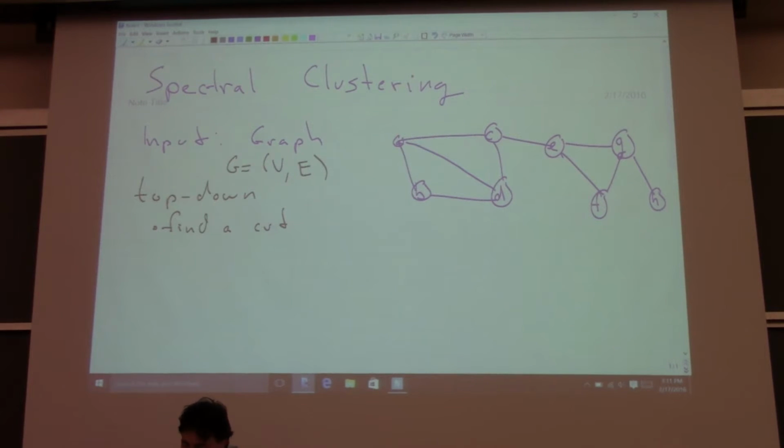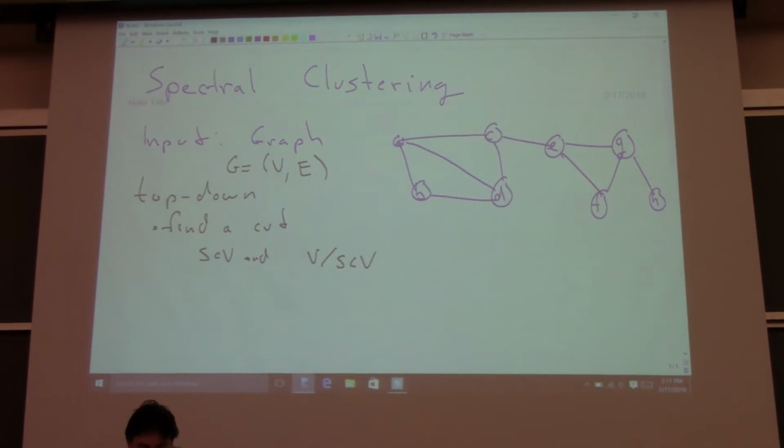What you want to do is divide up these vertices into two sets, S and V minus S. These are both subsets of all my vertices, and I'm dividing them into two groups.